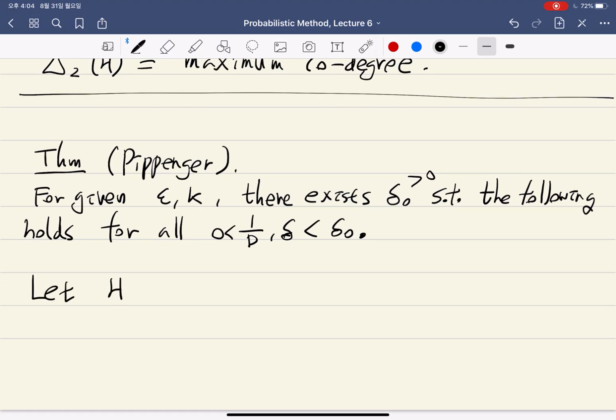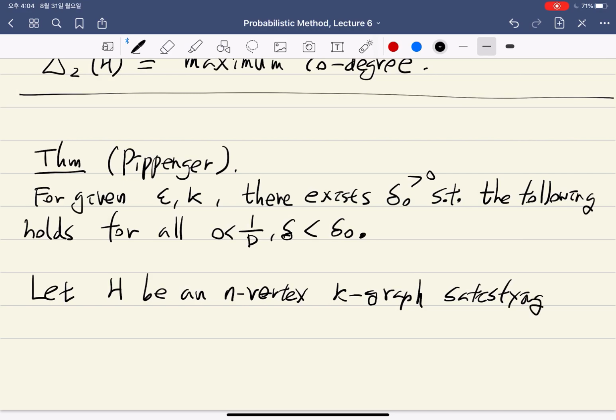And what happens is that if H is an n vertex k uniform hypergraph satisfying the following.